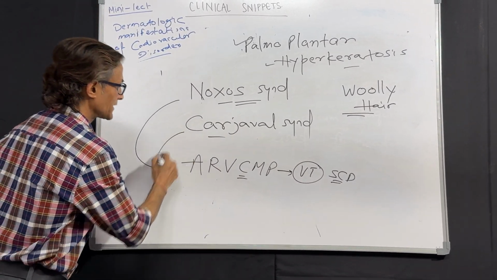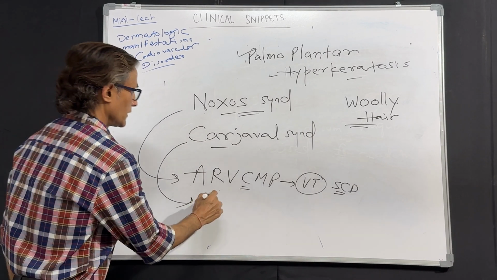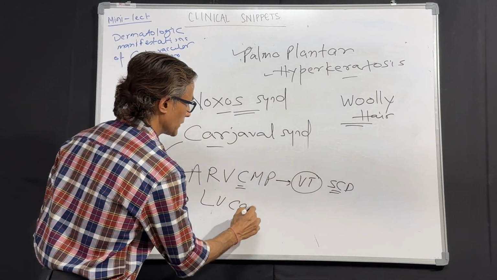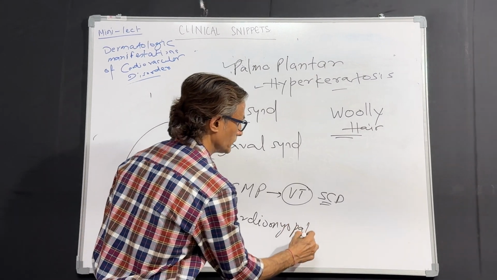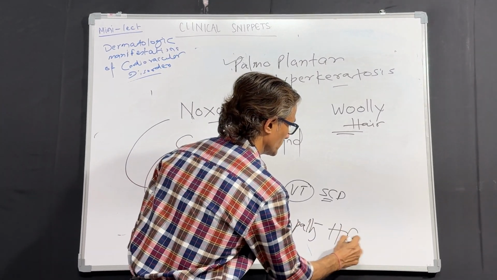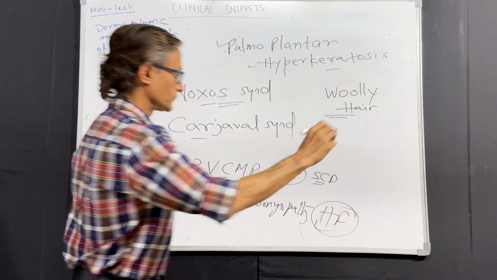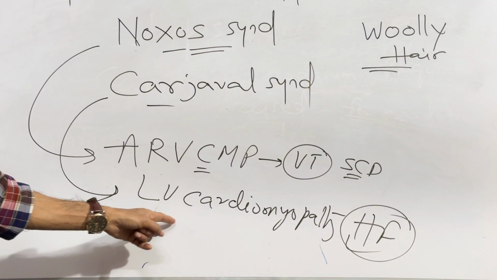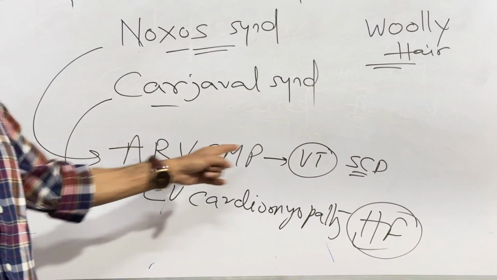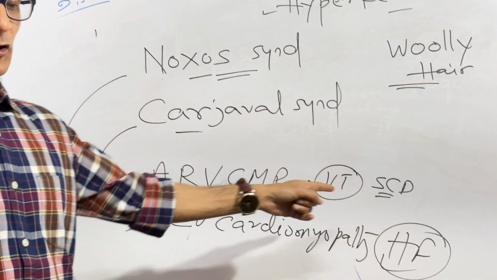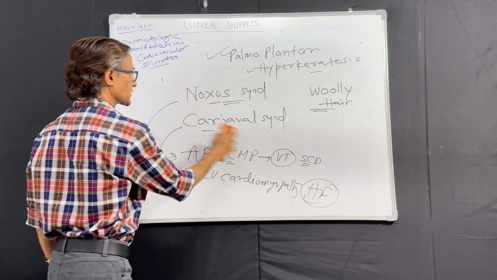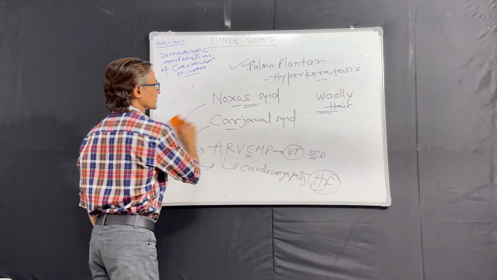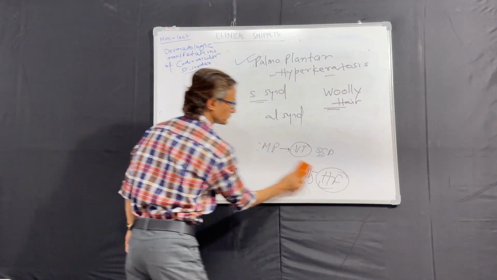Second, Carvajal syndrome: left ventricular cardiomyopathy, heart failure. So dilated cardiomyopathy, heart failure, versus arrhythmogenic right ventricular cardiomyopathy. So palmoplantar hyperkeratosis is the dermatological manifestation of these two syndromes, Naxos and Carvajal syndrome.